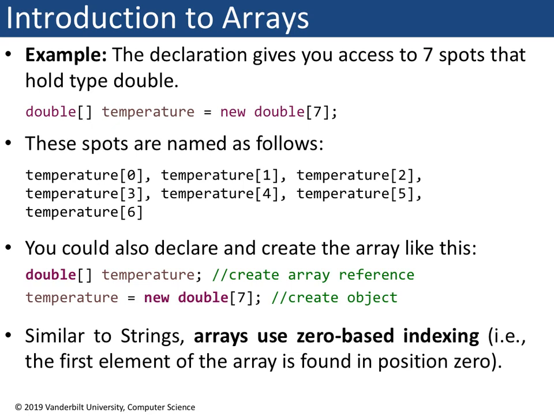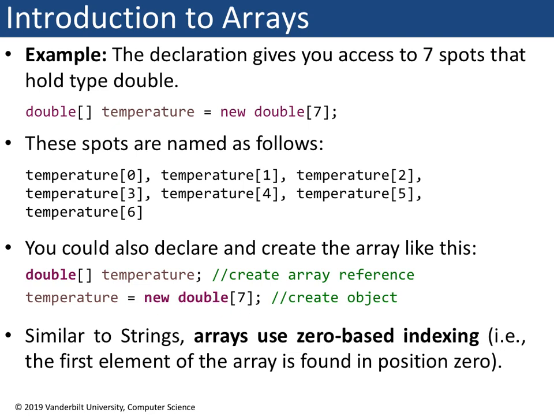So down here, we're creating the variable called temperature, and we're telling Java, hey, I'm going to store a reference to a double type array in this variable. Then in the next statement, we assign that variable the location of our newly constructed double array object.